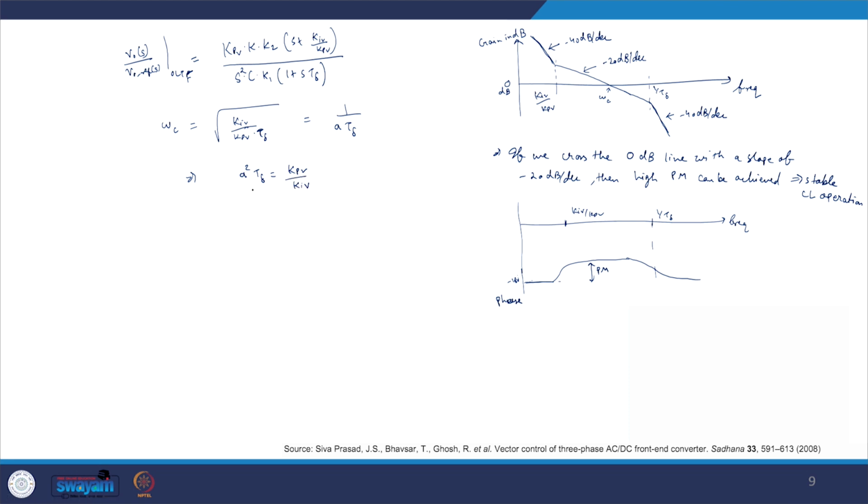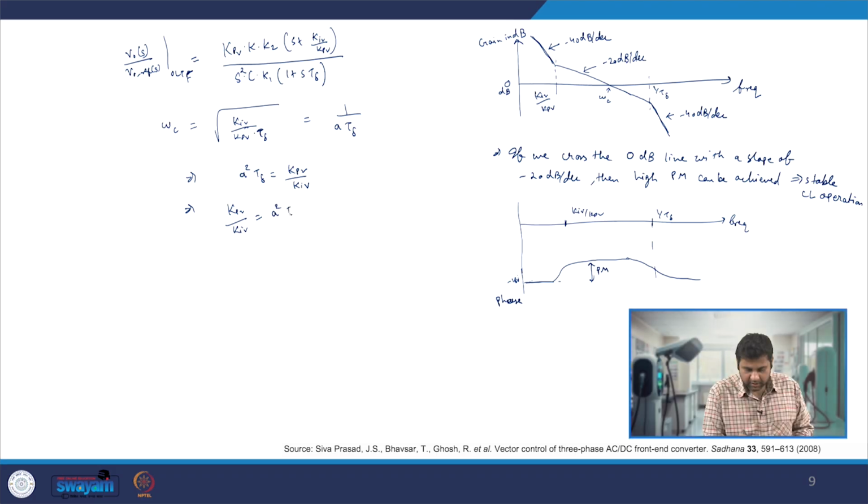That means we can say KPV by KIV is nothing but A square T delta. Now this one, let us define as C.